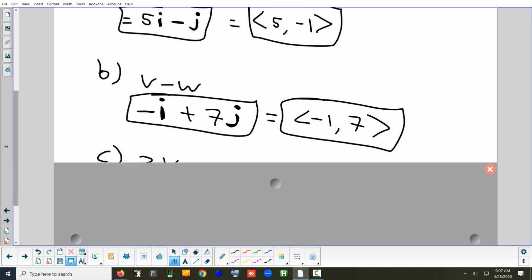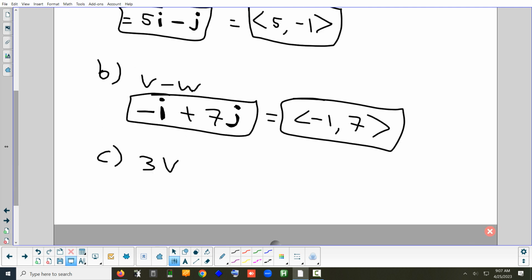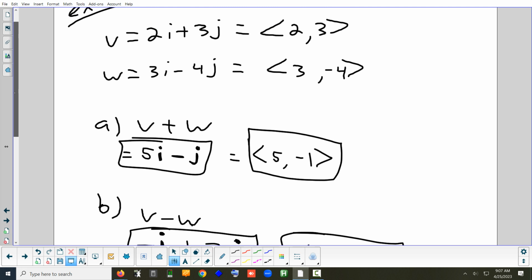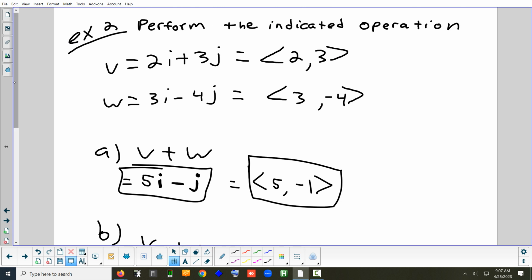All right, let's try scaling a vector. This time we're not using w, just v. And I want to triple the length of v. Okay, so if I triple v, what's going to be my new horizontal component? Yeah. 6i plus 9j.